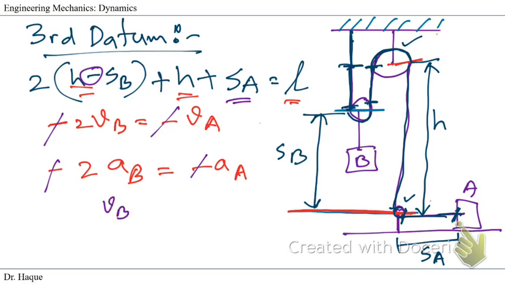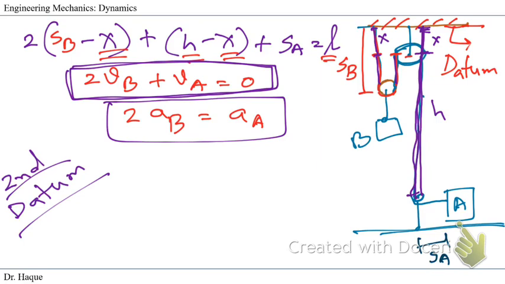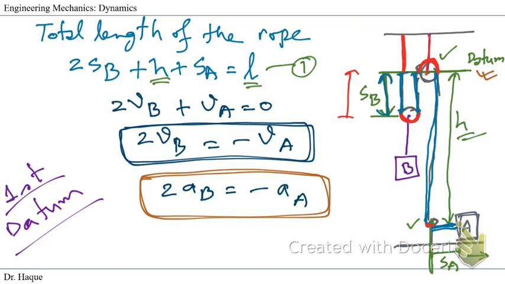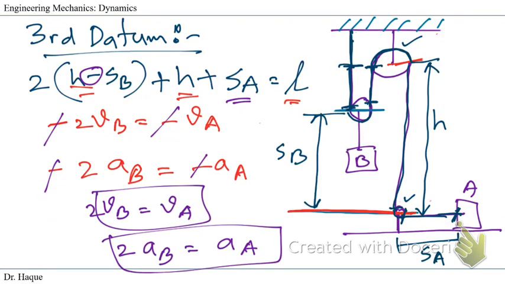So the question comes: why is VB equal to VA in this case, and twice AB equal to AA, while in the previous one we had a negative, with velocities opposite to each other, but this one has a positive sign? Why is that?